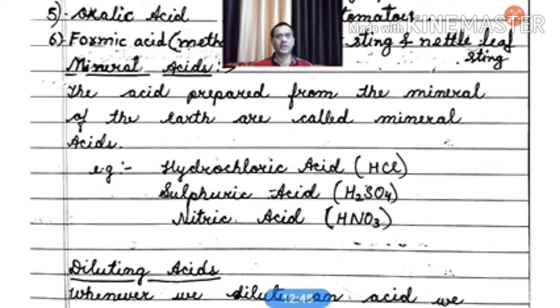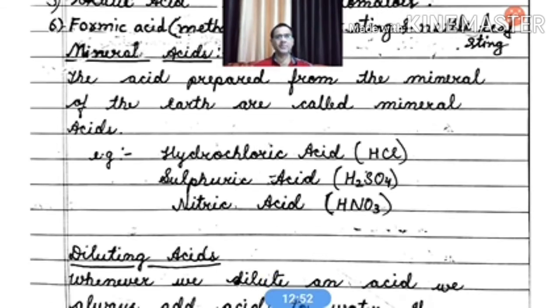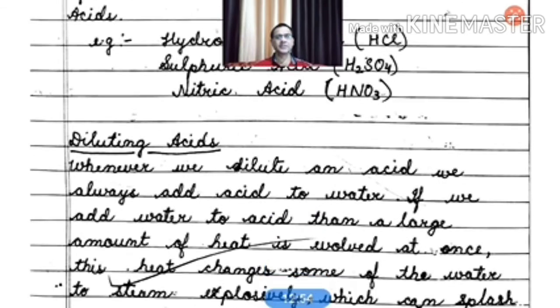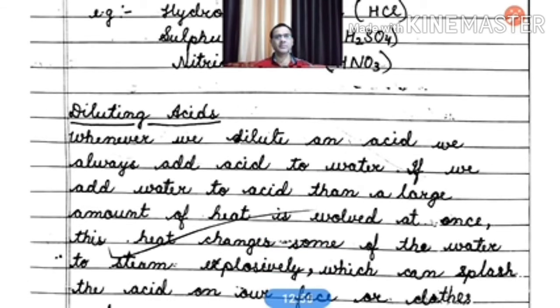Now our next topic is diluting acids. What is the meaning of diluting acids? Actually, whenever these types of acids, whether hydrochloric acid, sulfuric acid or nitric acid, are prepared in the factories, they are manufactured as concentrated acids.